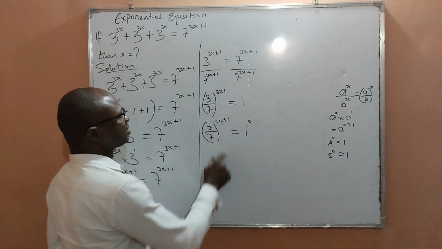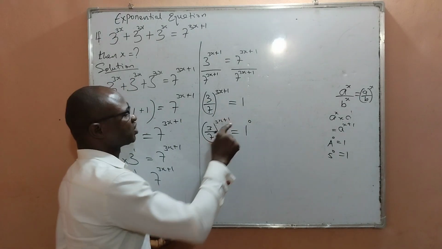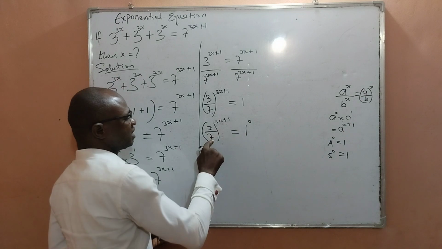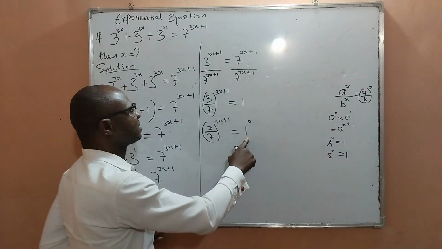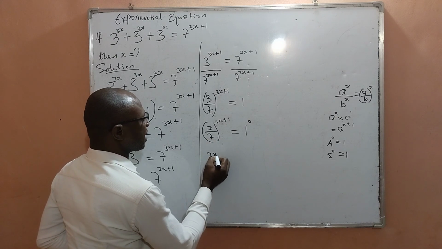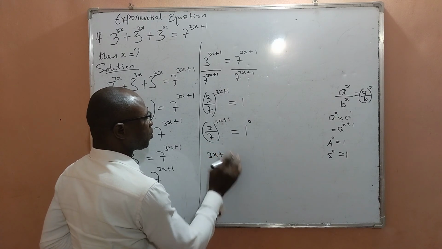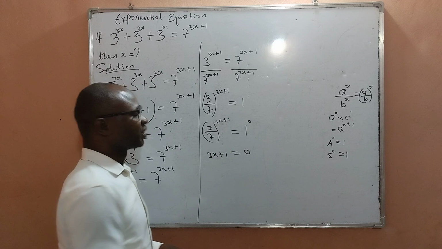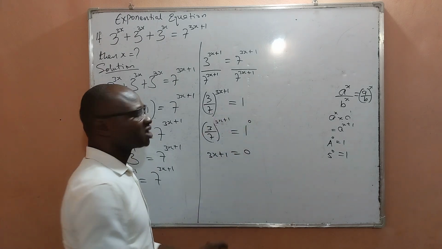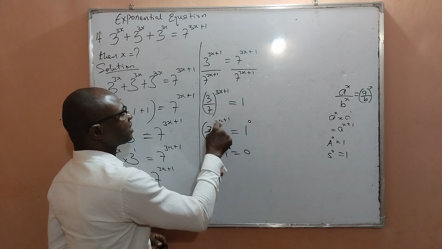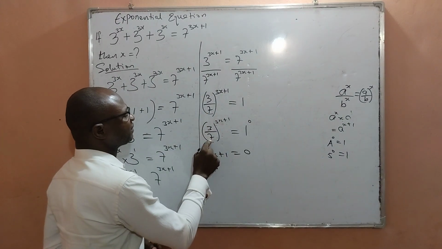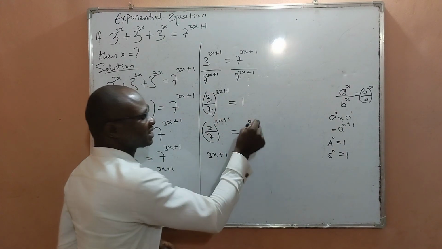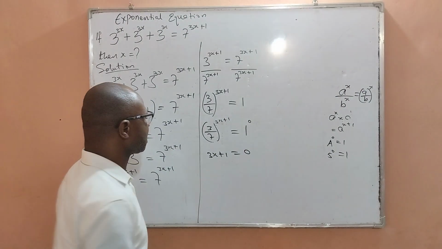So when this power is equal to 0, it will also be 1 on the left hand side, which is equal to 1 on the right hand side. We can now say 3x plus 1 is equal to 0. Okay? Equating the powers. Therefore, that means that here, being 0, we make 3 over 7 raised to the power 0 to be exactly 1, which is on the right hand side.